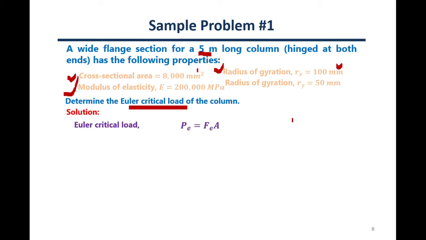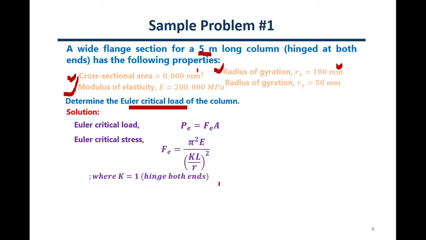Okay, so we have the formula P is Fe over A, Fe multiplied by A. So we have Fe. We have to substitute the values. Since it is hinged at both ends, we are going to use the value of K. What is it? That is 1. 5,000 yon kasi nga this is 5 meters. Convert to millimeters.